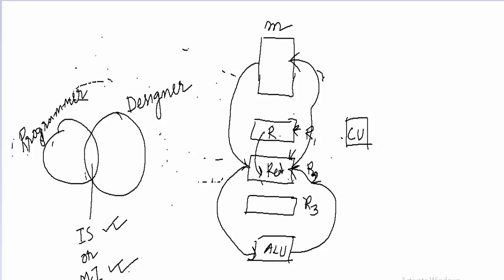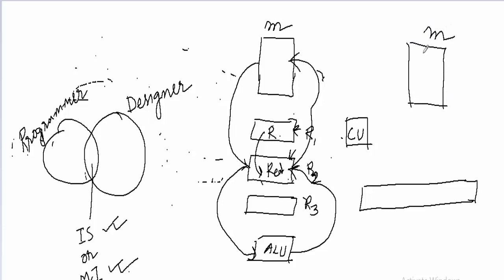Now let's see what instructions look like. An instruction is nothing but a sequence of bits. We write a program in terms of instructions, and those instructions will be present inside the memory. Let's say this is the memory, and there will be many instructions present inside it, starting from memory address 200.